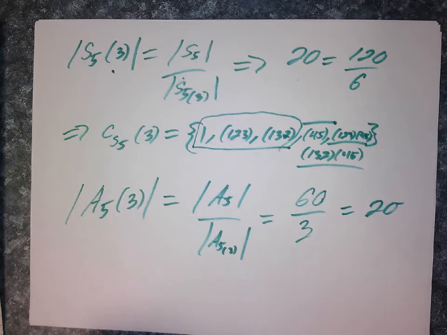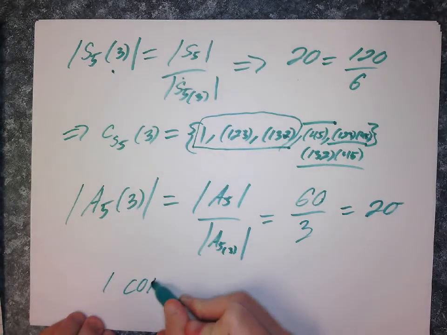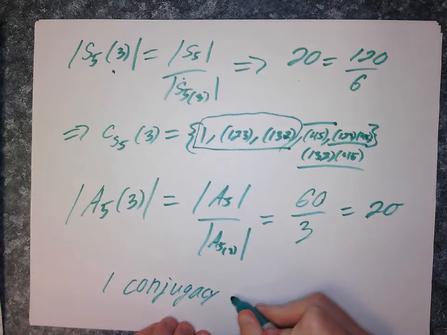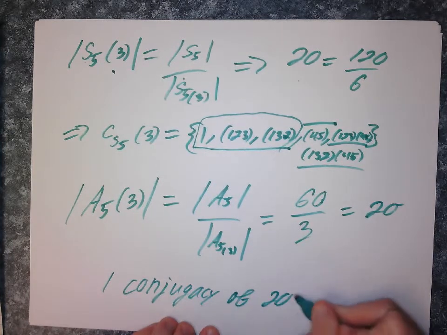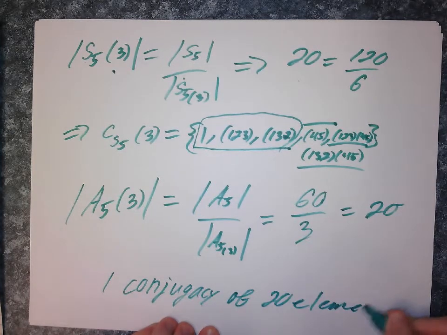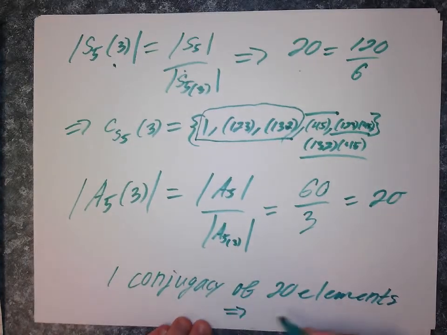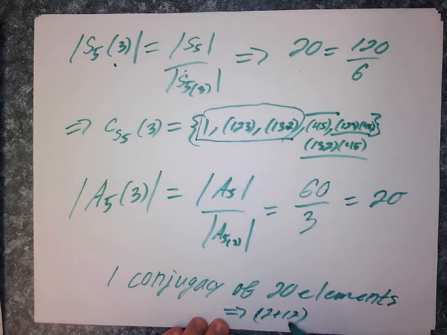But we know that there are 20 3-cycles in A5 and S5. And so that means that we just have one conjugacy class of 20 elements with regards to 3-cycles. So right now we have the 5-cycles, which is 12 plus 12, then the identity, and then this one here.